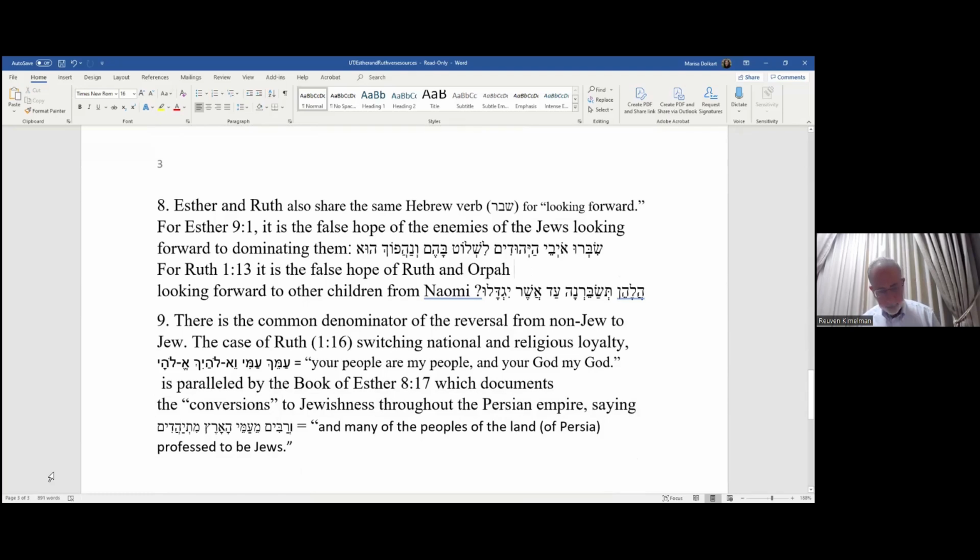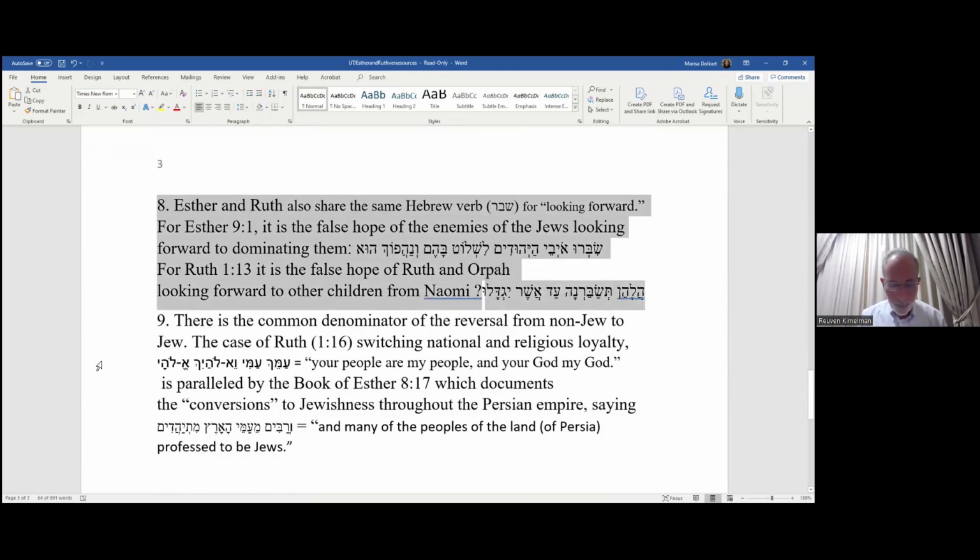Finally, number 8. Esther and Ruth also share the same Hebrew verb, sin bet resh, for looking forward. For Esther 9:1, it is the false hope of the enemies of the Jews looking forward to dominating them. And of course, it gets reversed, as it says, "Sibru oivei hayehudim lishlot bahem v'nahafoch."